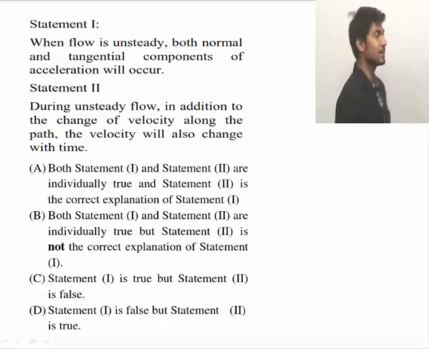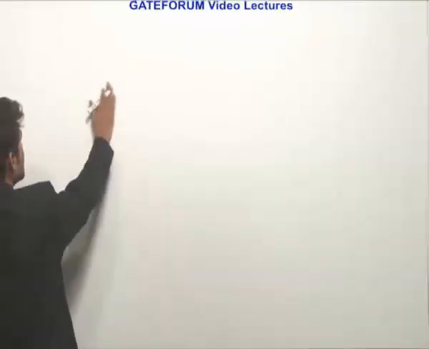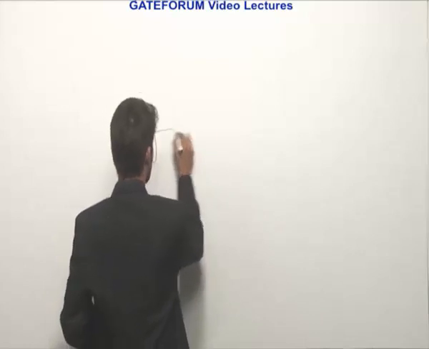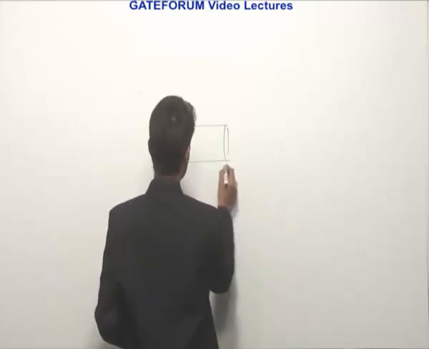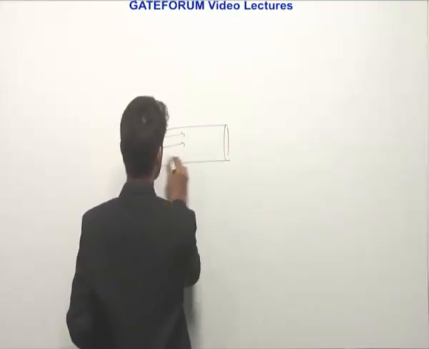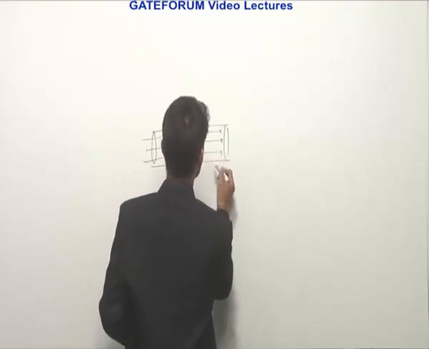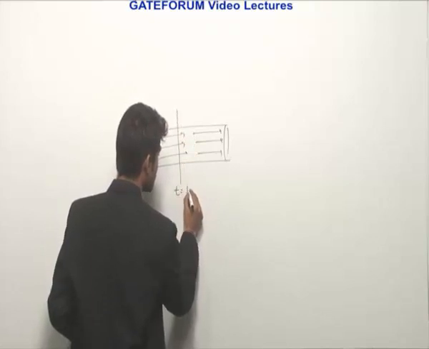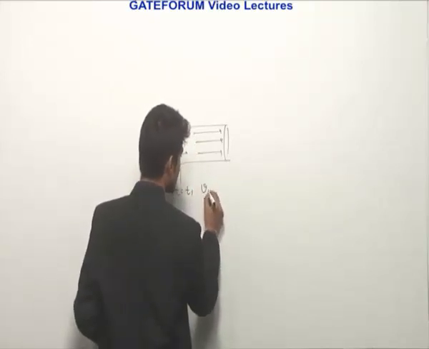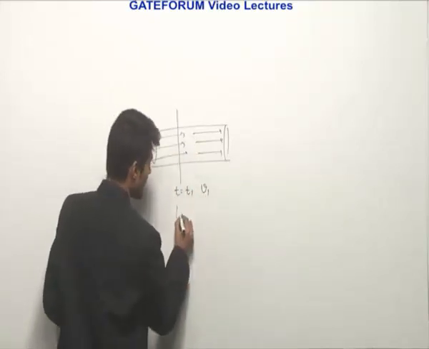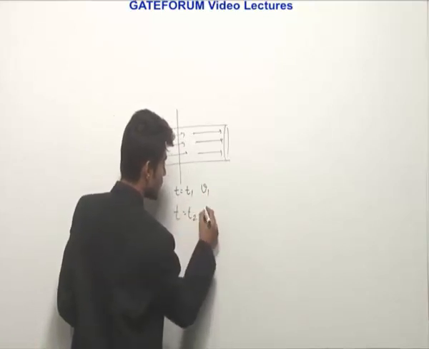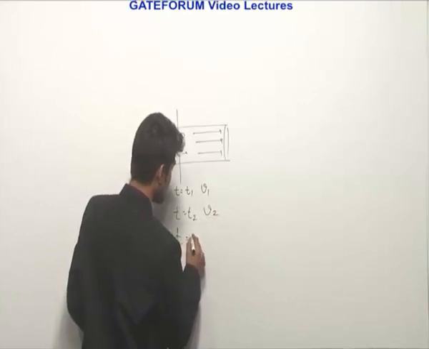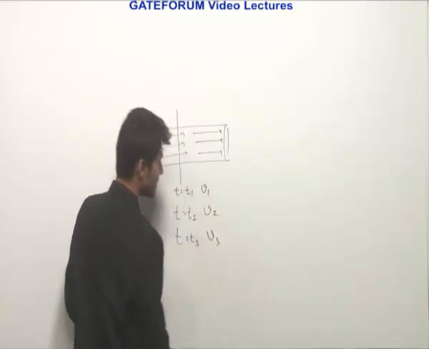When flow is unsteady, that means the velocity is a function of time. So when we call any flow unsteady, if there is any flow happening in the pipe, and at time t equal to t1 the velocity is v1, after some time when time is t2 the velocity becomes v2, when time is t3 the velocity becomes v3.